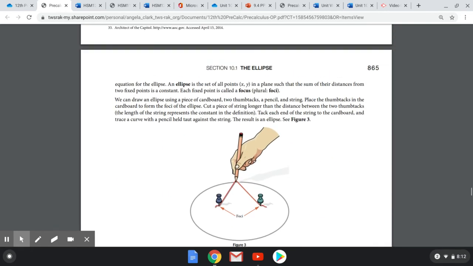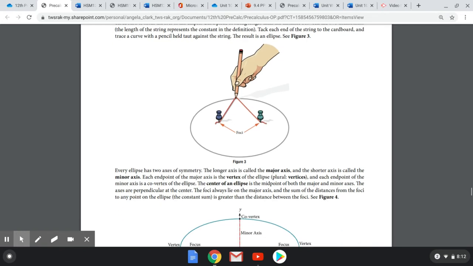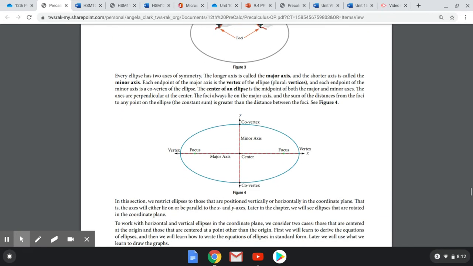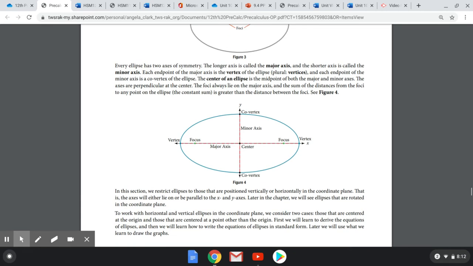Okay, so let's actually talk about ellipses now that I'm done geeking out. So the parts of an ellipse, let's do that first. Parts of an ellipse. The vertices are going to be the furthest points in the long direction.